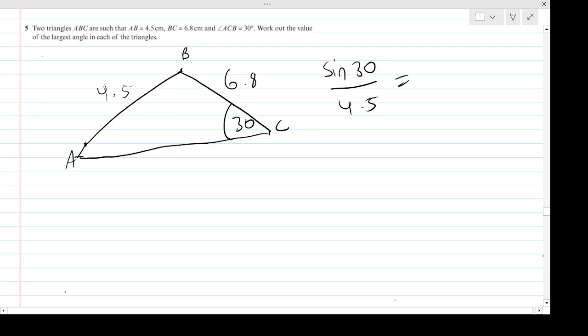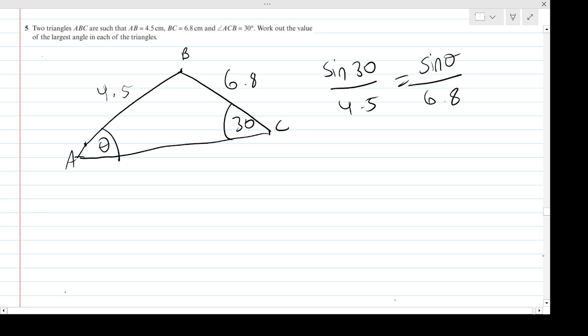But which angle? Well, we're given the side 6.8, so the angle we can work out from that. Well, what angle is it facing? Well, it's the angle at A, as you can see there. So that will then be this theta we're working out. So we can then say sine theta over that 6.8. So that's the angle we're going to work out with the sine rule.